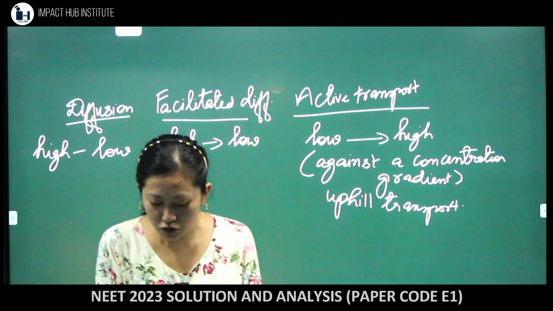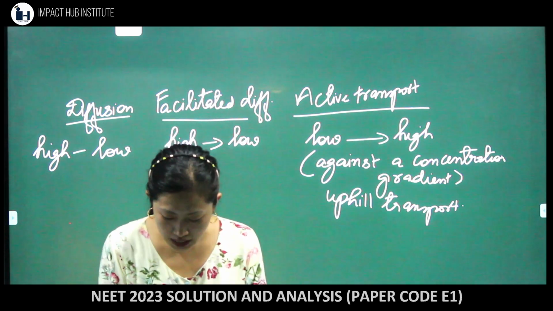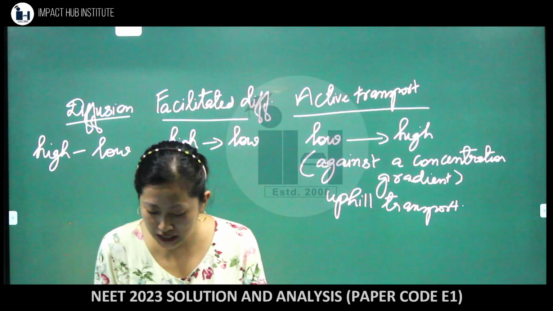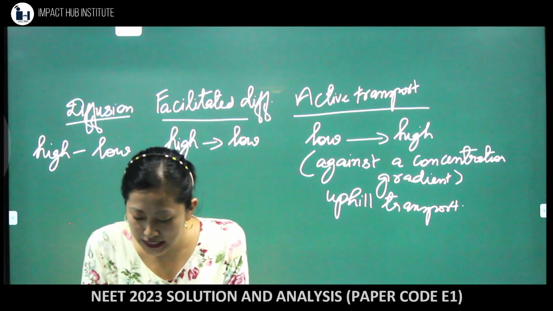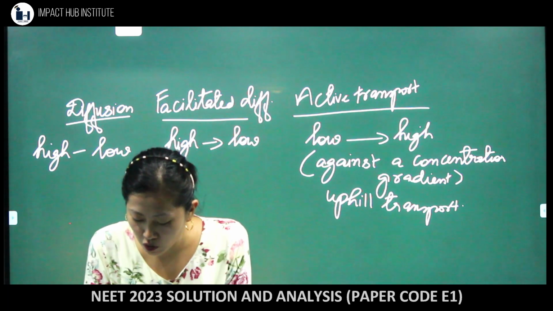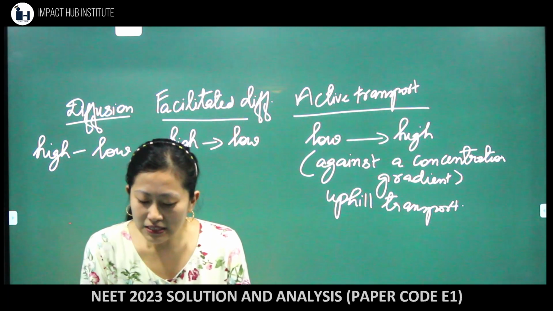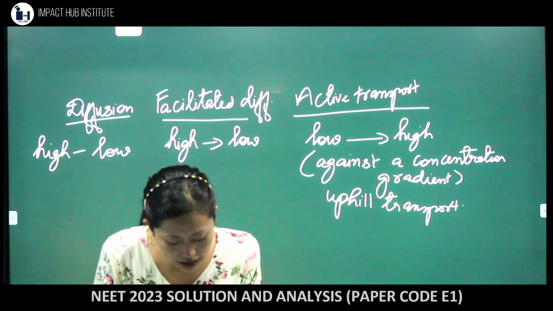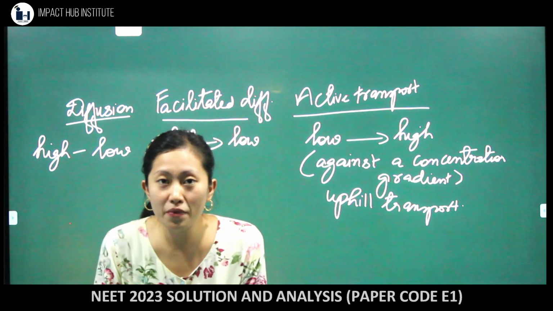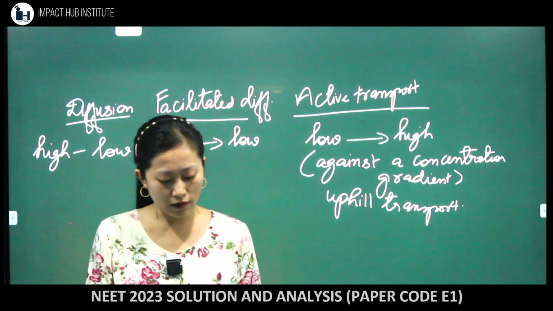Now coming to question number 107, it says, among the evil quartet, which one is considered the most important cause driving extinction of species? So what is the evil quartet? The term evil quartet is related to 4 major causes of biodiversity loss.